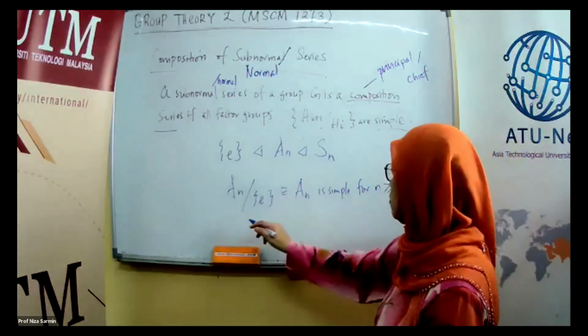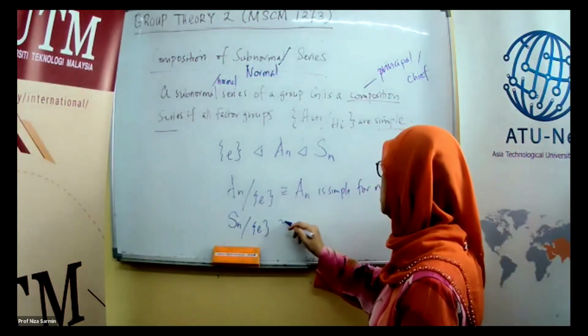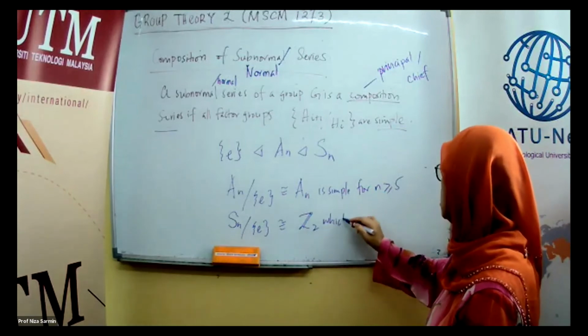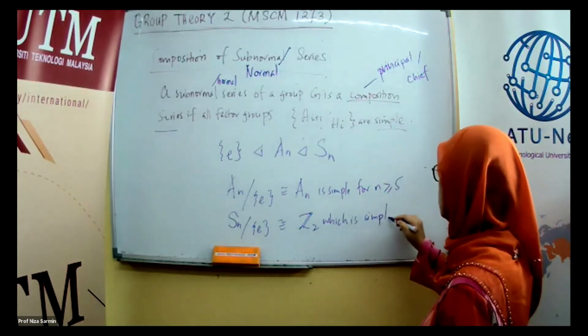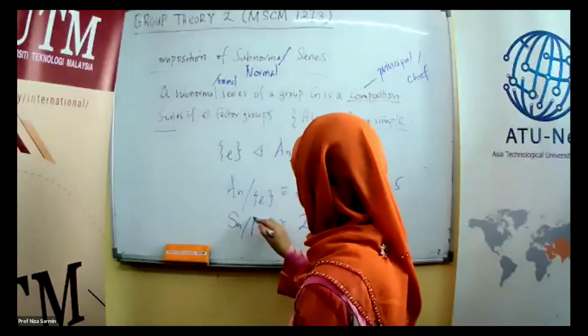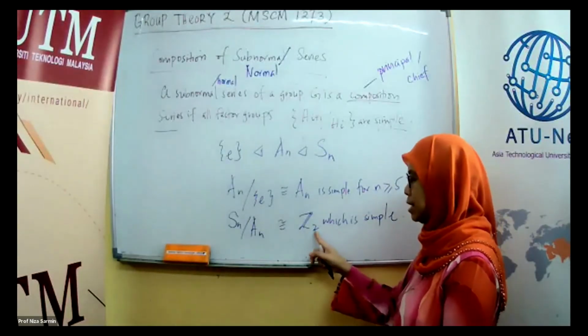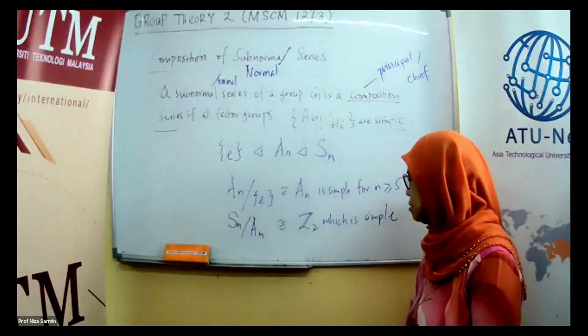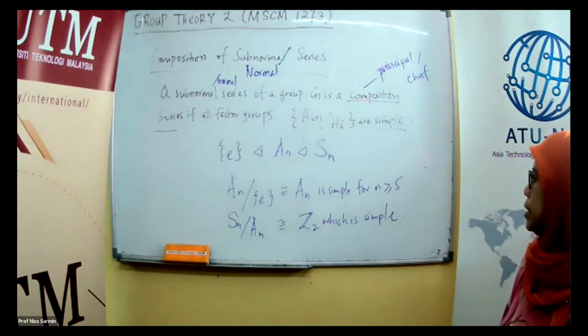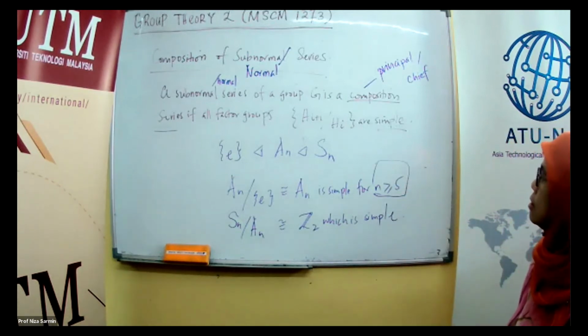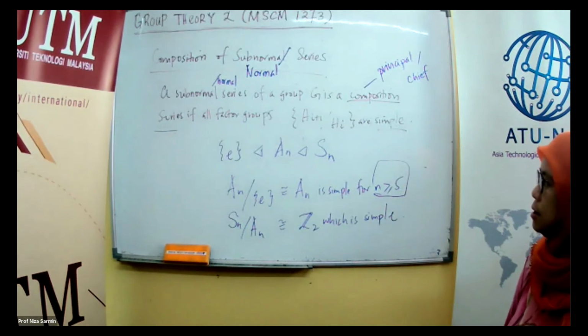And this is isomorphic to Z2, which is simple. Why? It's abelian, and this is prime, right? So yes. Now, this is true for this case. It's a principal series for this case, right?